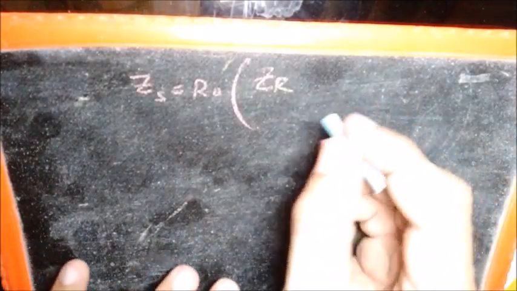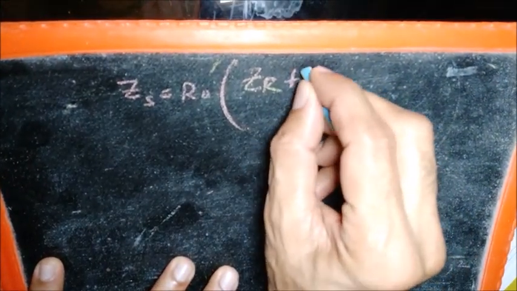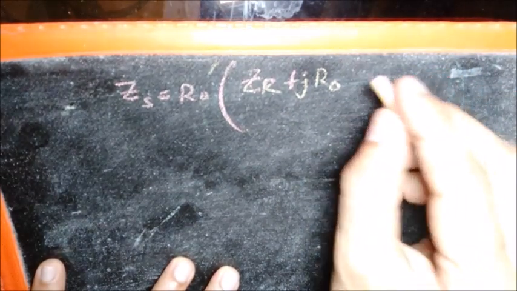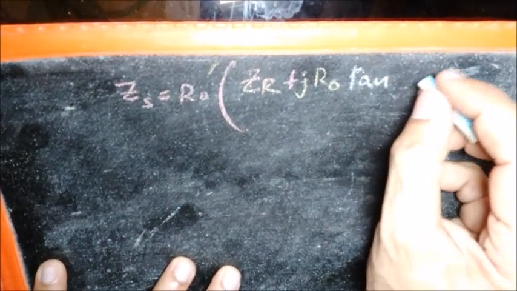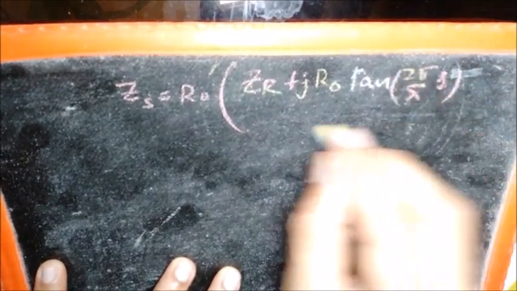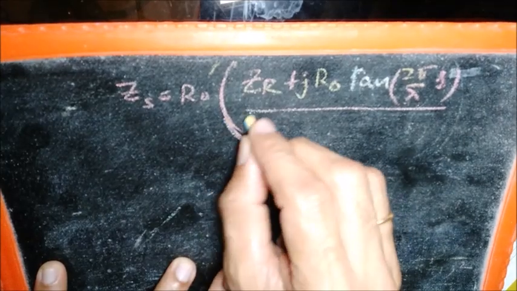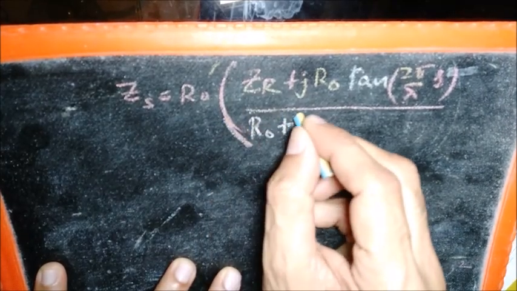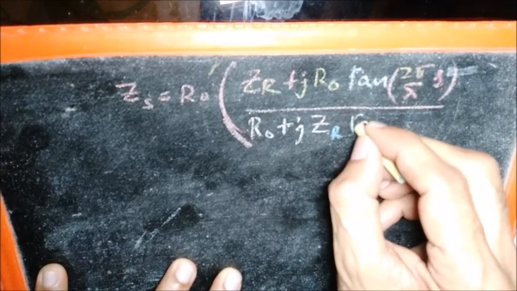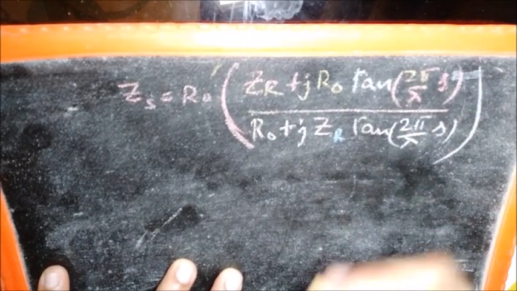Okay, now there are certain interesting observations which one can make about the input impedance of a transmission line for certain specific lengths. So I'll just write down the expression for the line impedance at S. If the transmission line is of length S, this is the input impedance as we have been discussing earlier on various occasions.